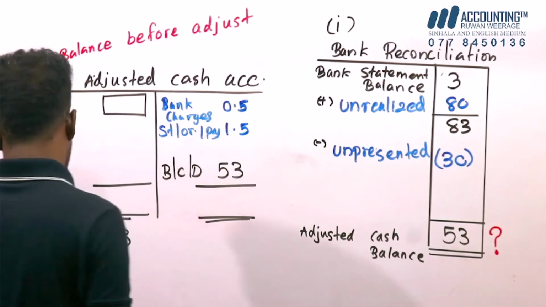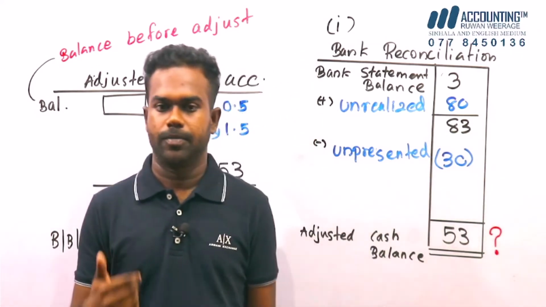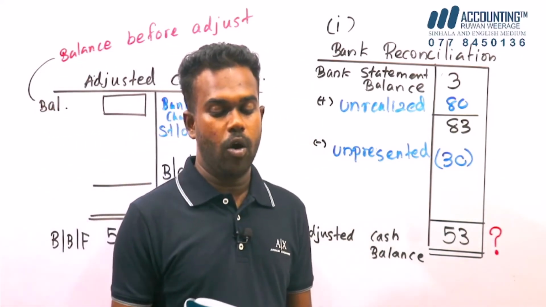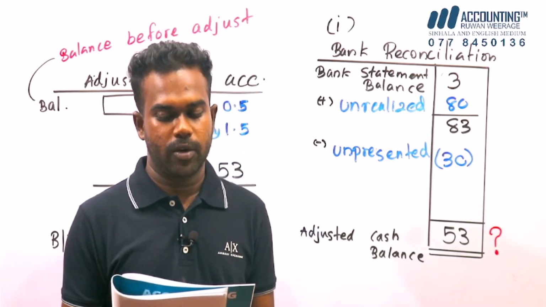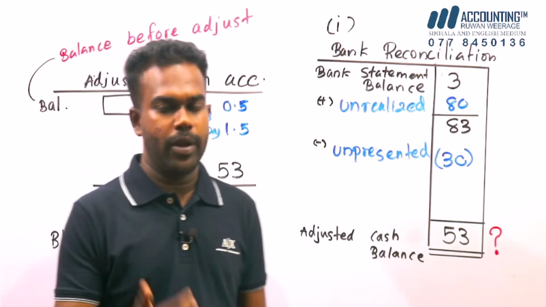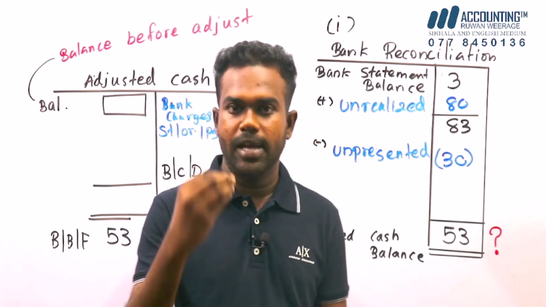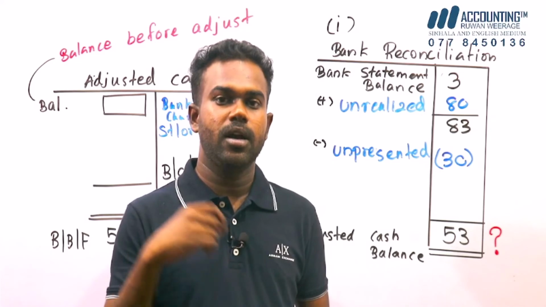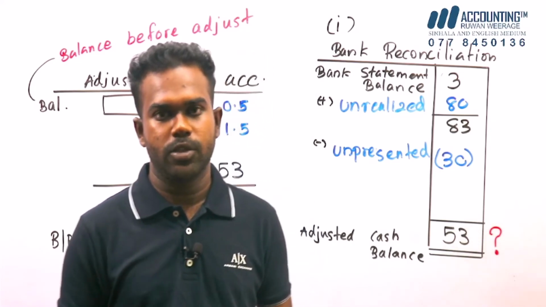And also number 4, no entry has been made in the cash account with respect to the check amount of 20,000 received from a debtor. We recorded it as a deposit, but the bank rejected it, it has been dishonored, right?